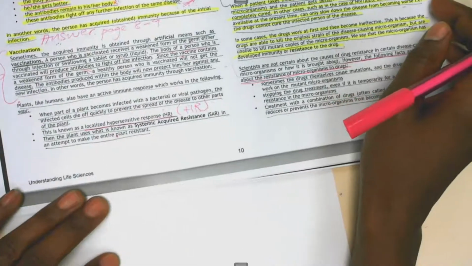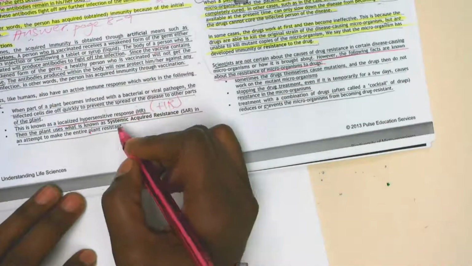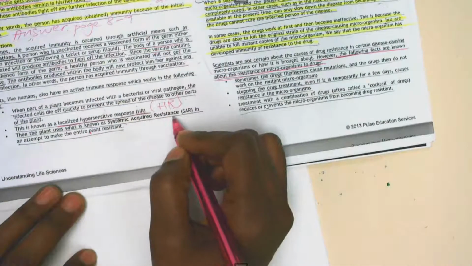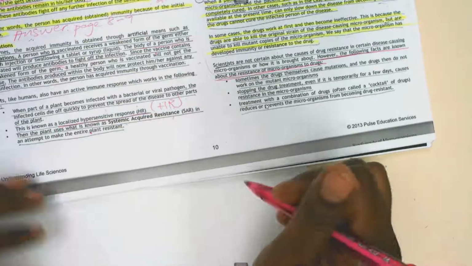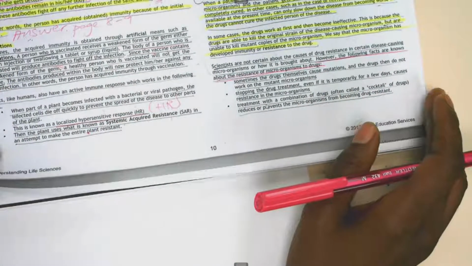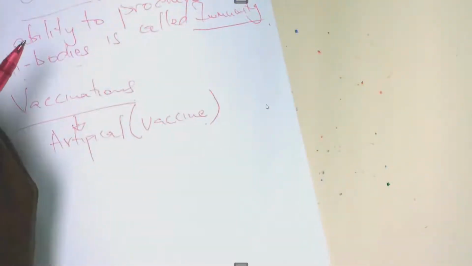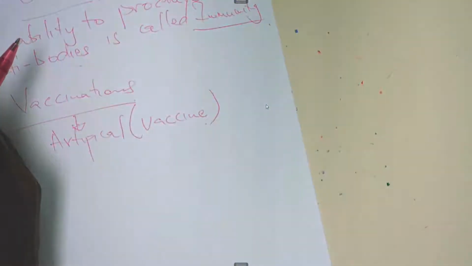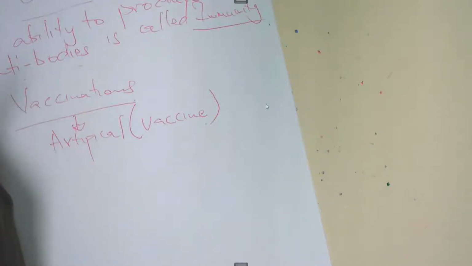Then the plant uses what is known as systemic acquired resistance, in an attempt to make the entire plant resistant. This is how plants get an artificial immunity.